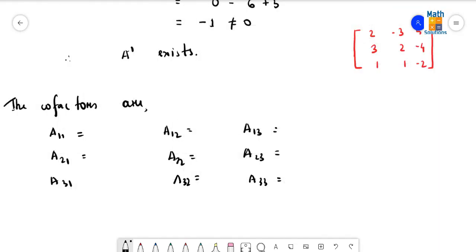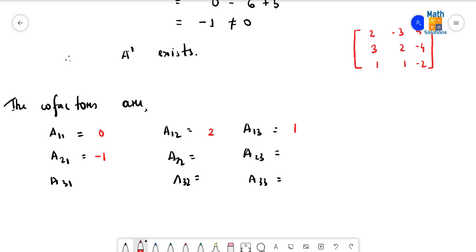So the values will be like this. A11 we shall be getting as 0. Then here in this case it will be 2. Then A13 is 1 here. Then for A21 the result comes as minus 1.